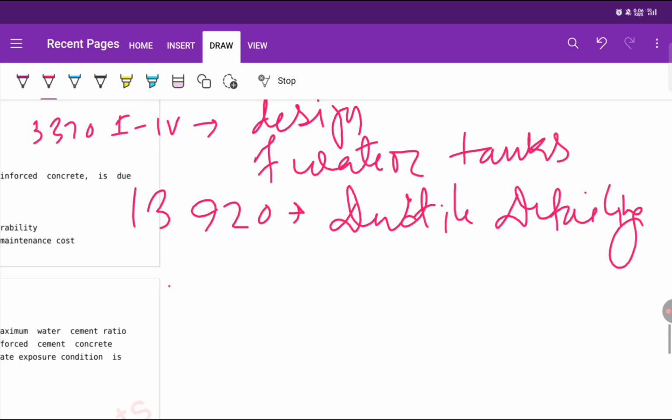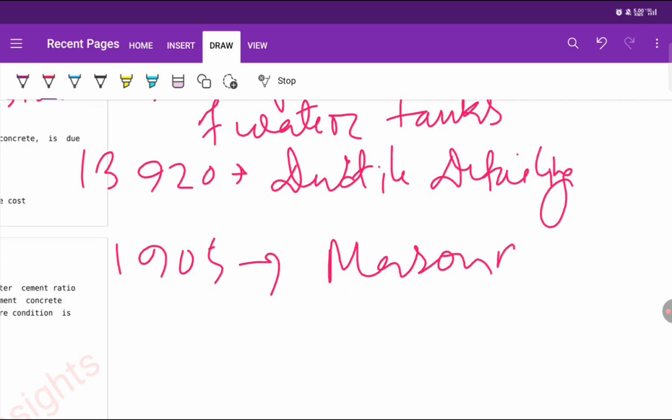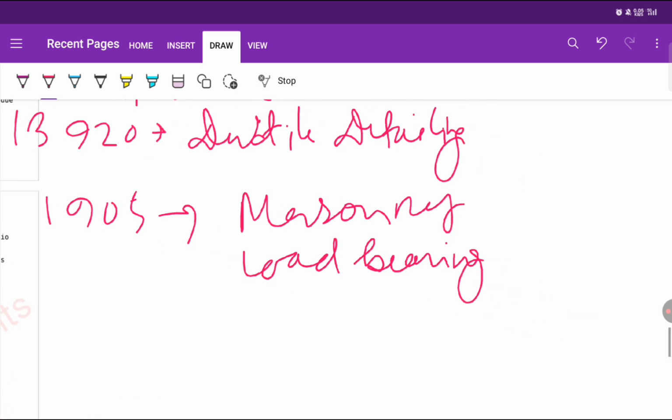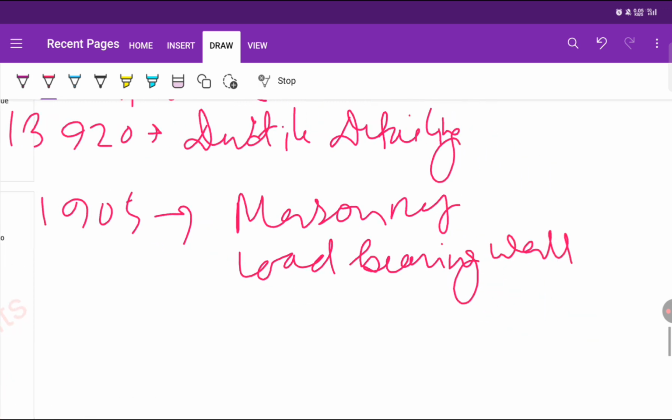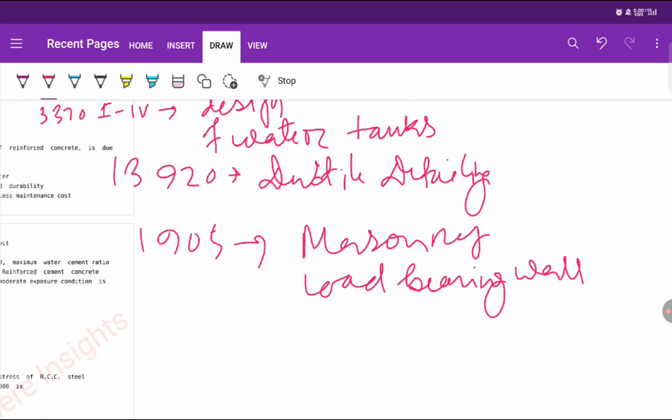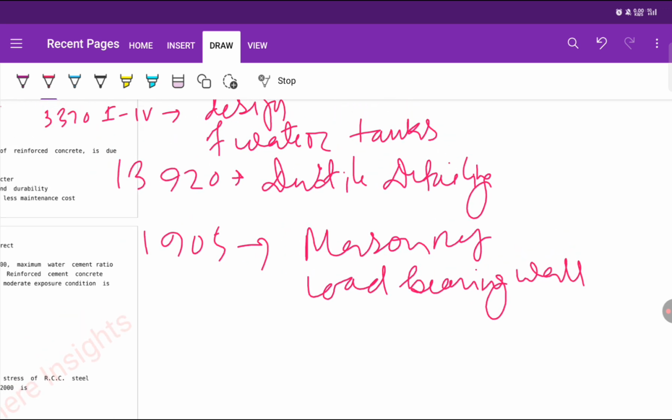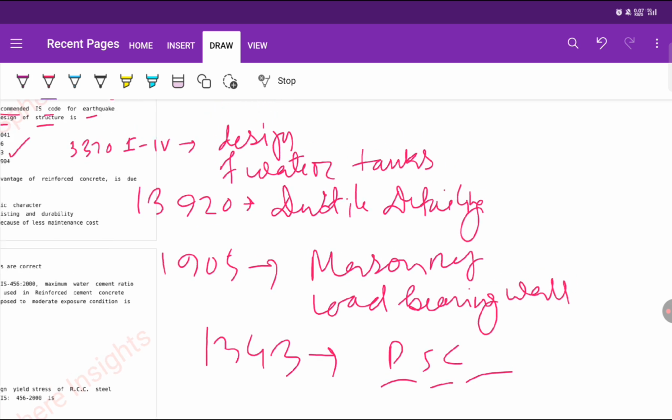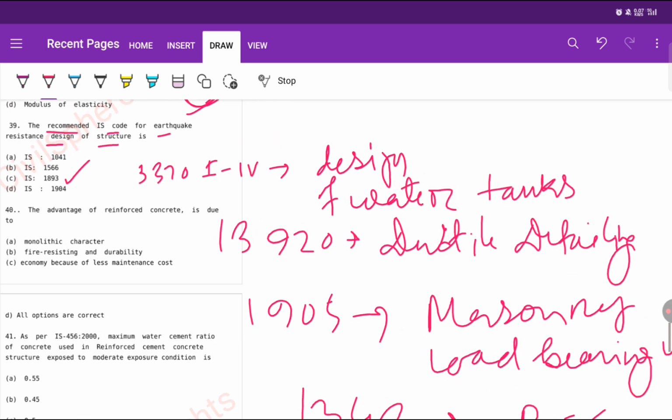Another important code, IS 1905, is for design of masonry wall or load bearing wall. Then IS 1343 is for PSC, prestressed concrete. These are important and you can remember this data.